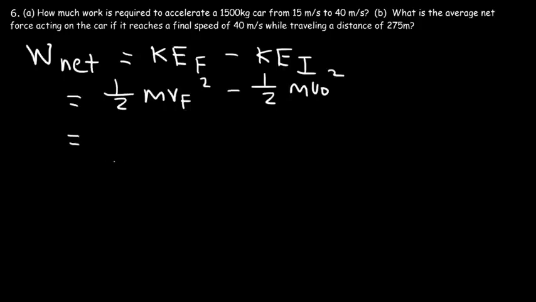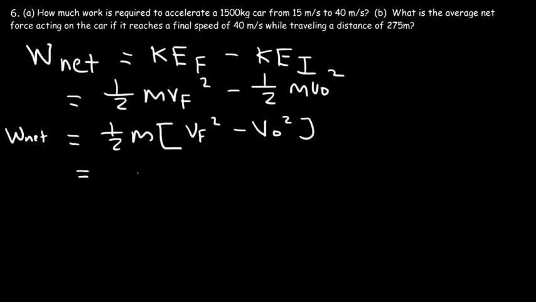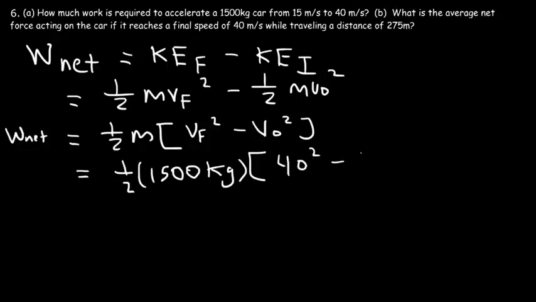Now, to make the calculation a lot easier, we can factor out 1/2 m because it's the GCF. So the net work is also equal to 1/2 m times v final squared minus v initial squared. So the mass of the car is 1,500 kilograms. The final speed is 40, and the initial speed is 15.